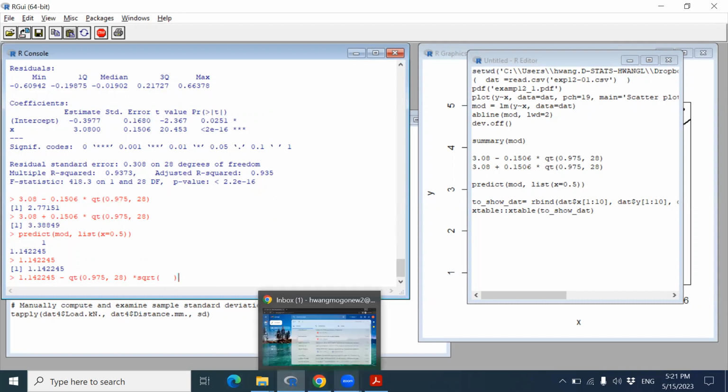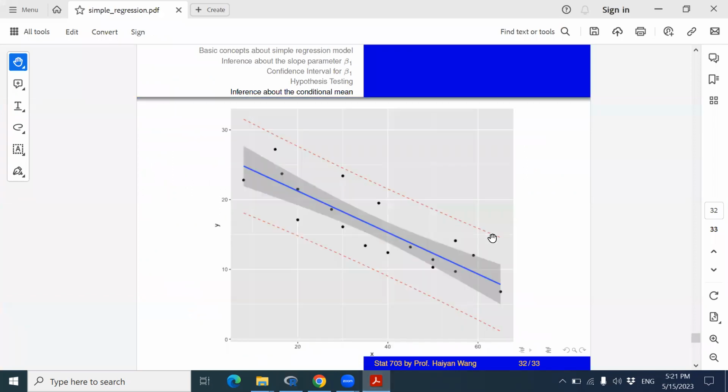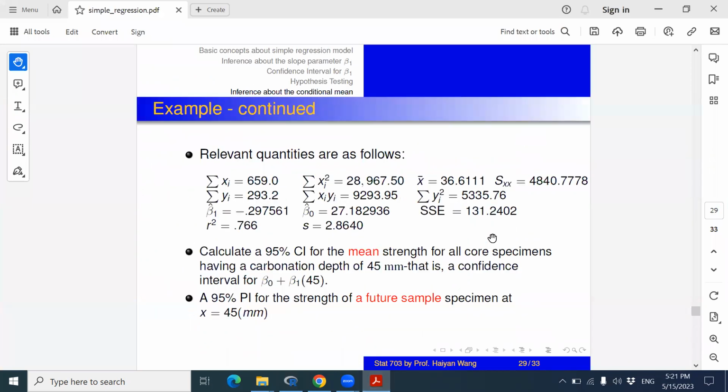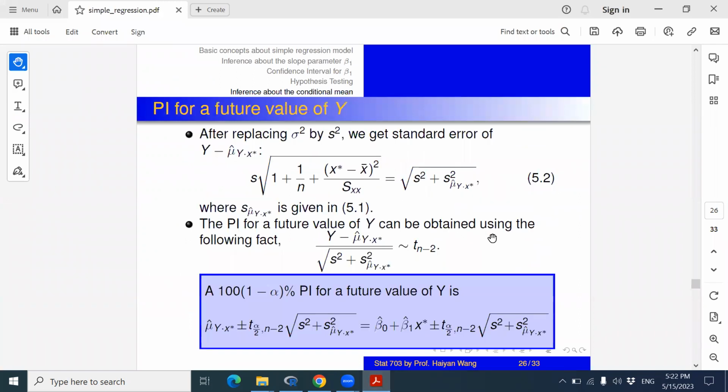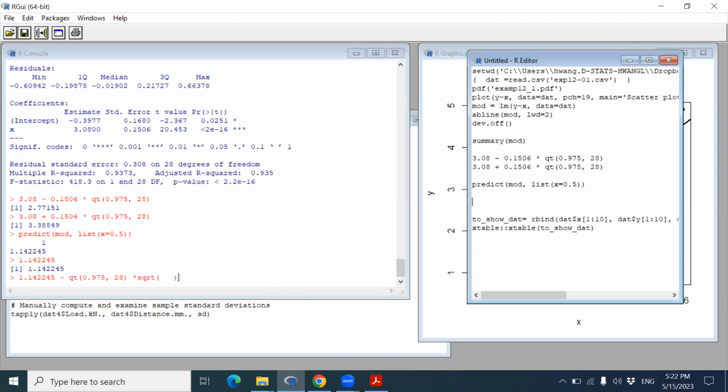And what's in the standard error is this: 1 over n, and then x star minus x bar squared, divided by sxx. For the computation of sxx, I'll first have to do it over here.